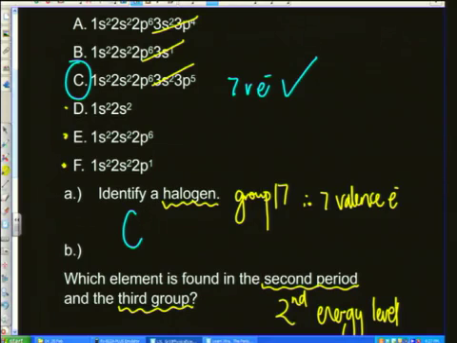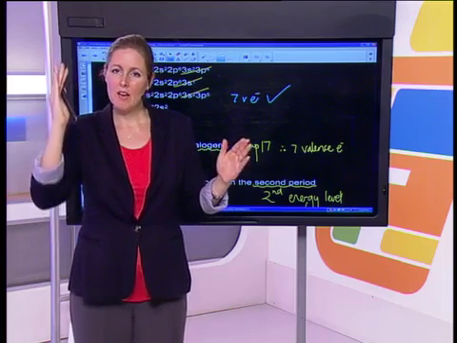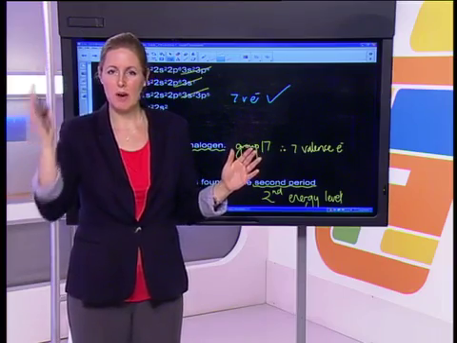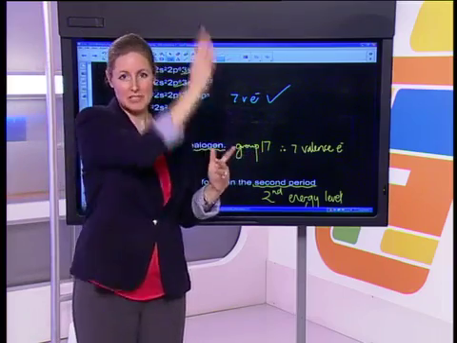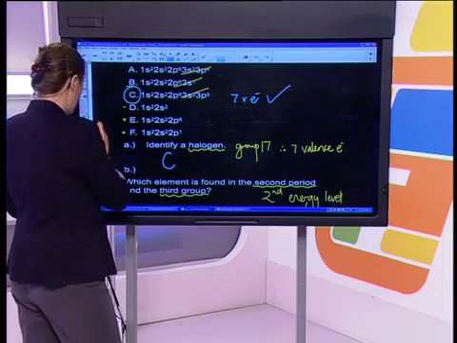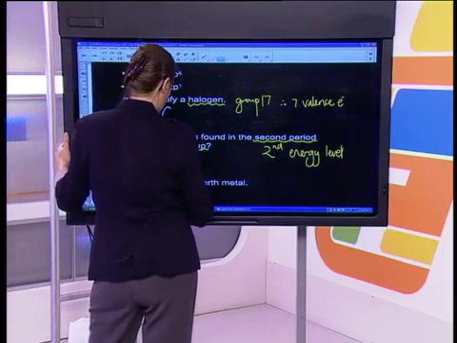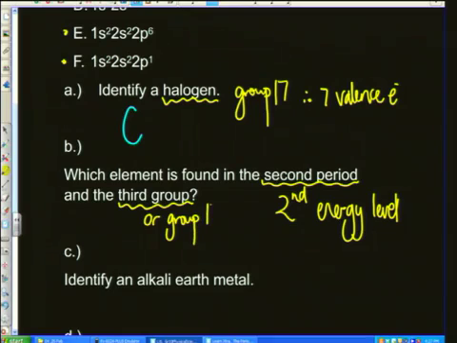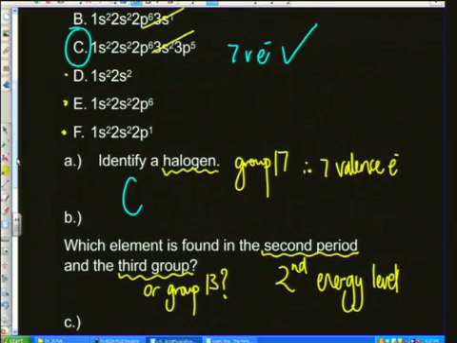What about the third group? Well, the third group means that it's going to have 3 valence electrons, because it would be 1, 2, transition elements, 3. Okay? So, or we could have, and I'm going to write in here, or group 13, depending on how the question was phrased. Now I need to come across.